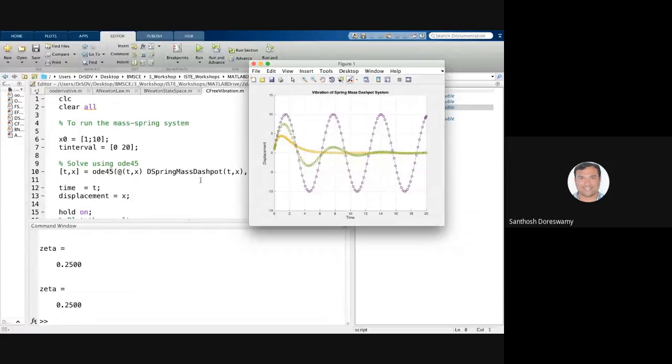So by varying the system parameters such as your damping constant c, you can observe that the vibration in the system is either an undamped motion, a damped motion, or a critically damped motion.